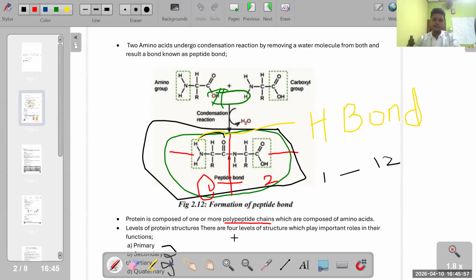It is formed between the what? Carboxyl group and the amino group. Very good. But I want the word backbone, side chain. With those, try to tell me something like that.